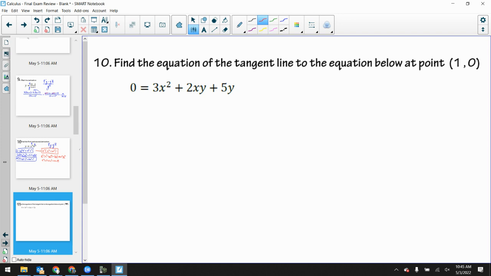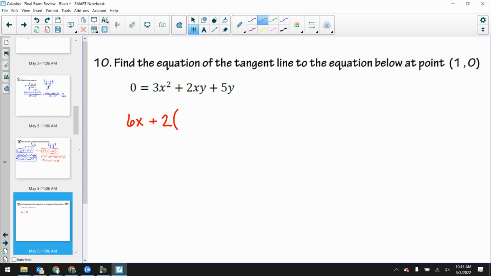The derivative on 3x squared is just 6x. I am going to keep the 2 as a constant out in front of the derivative of xy. That's a product rule in there because x times y is a product.